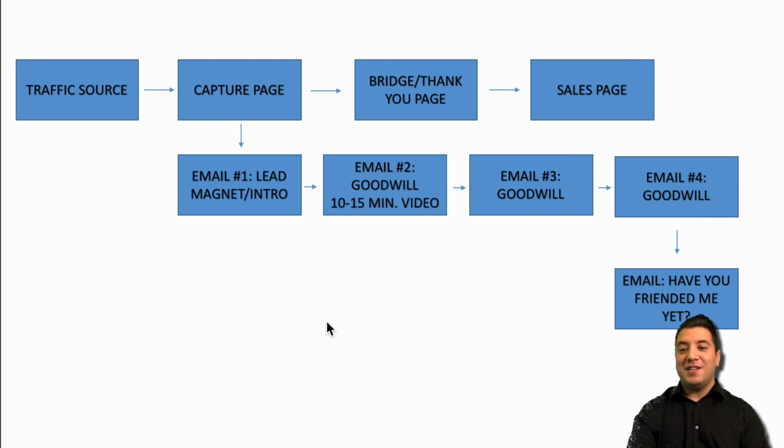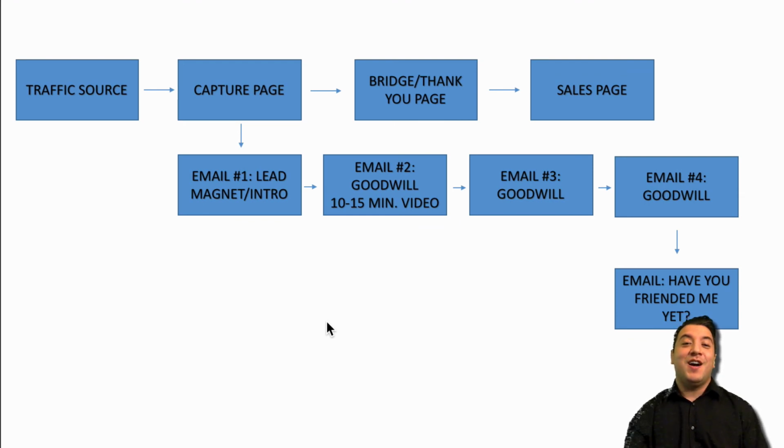And then lastly, you might send an email like, hey, have you friended me yet? Come connect with me on other social media. I would love it if you would attend this webinar that I'm putting on about XYZ. Now you can start to really get them engaged in some of the things you offer. And now that you're building this email list, you're able to communicate with that list anytime a new thing comes out, anytime you post a new YouTube video, anytime you create a new piece of content, a blog post, whatever the case may be, you can send it to your email list.